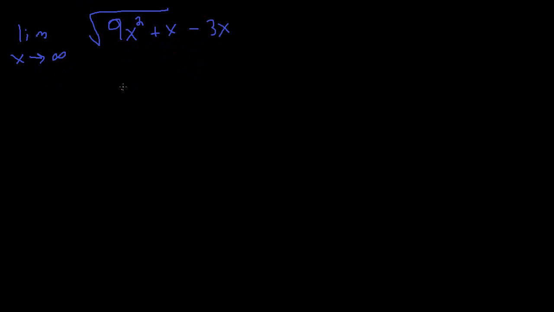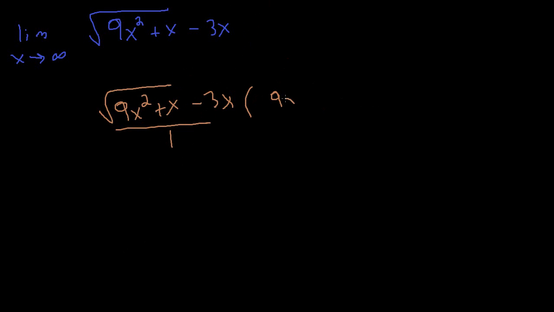So what I'm going to do is just rewrite this a bit. It's going to be the square root of 9x squared plus x, negative 3x, all over 1, remind you that's how it is, and I'm going to be multiplying it by its opposite. I'm basically using the difference of squares rule.